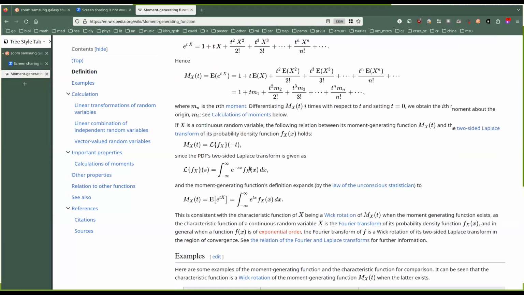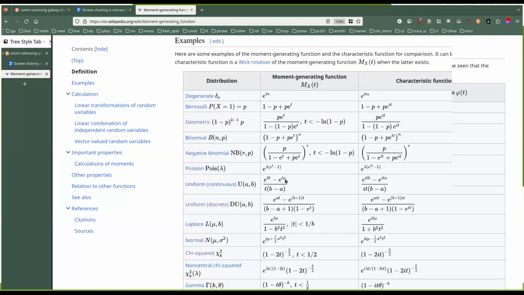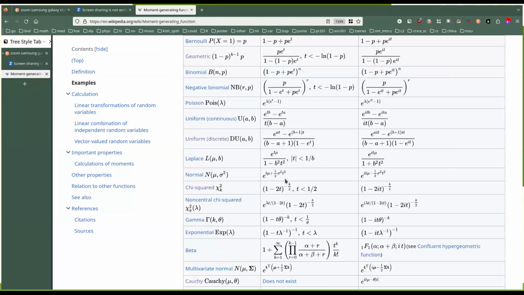А дальше люди посчитали для всех известных случайных величин эту функцию: для равномерного, для геометрического, для биномиального. То есть эти функции для известных случайных величин уже посчитаны. Если я хочу найти матожидание от пуассоновской случайной величины в пятой степени, что мне сделать?